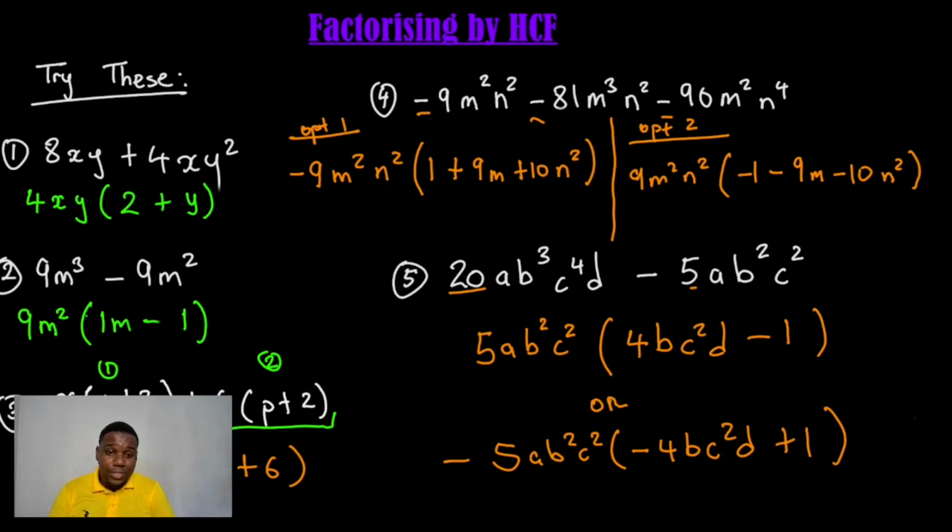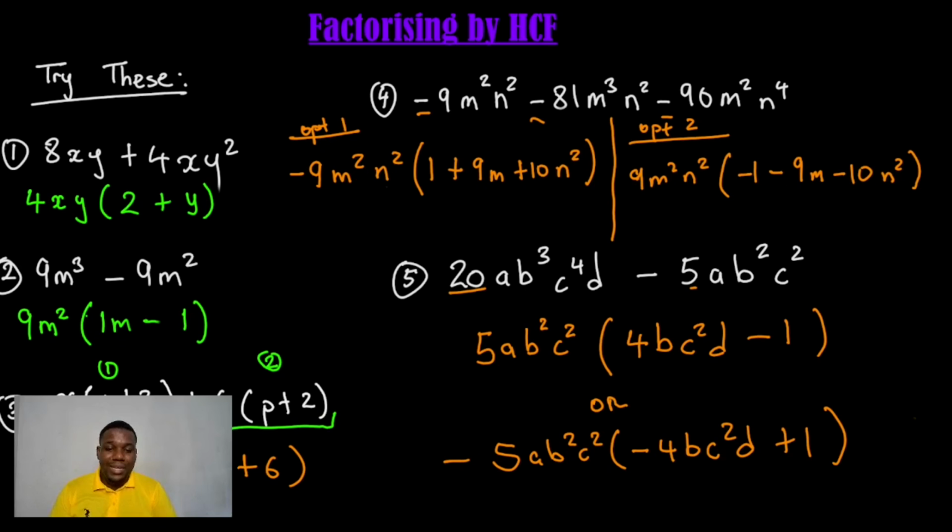Or if we factor out that negative, as I said before, then the only difference would be that the signs in the bracket will change. So if we use negative 5AB squared C squared, then in the bracket, instead of having a positive 4BC squared D, you would have a negative.